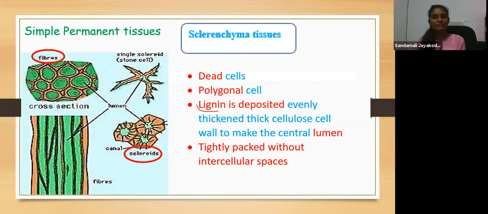Normally in parenchyma and collenchyma cells, we can see they are clearly live cells and they have a very thin wall. But here, a thick wall and a lumen are present.